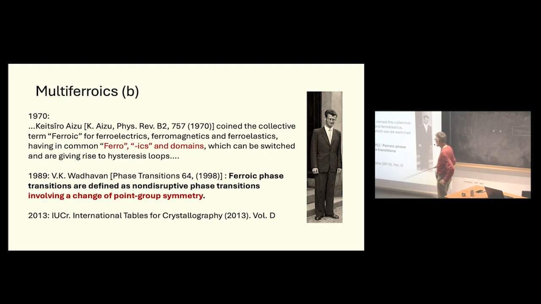He was basically saying that ferroic phase transitions are defined as non-disruptive phase transitions involving change of point group symmetry. If you take this standpoint, so basically any point group symmetry lowering, one of these 212, is sort of ferroic phase transition. And this was actually adapted in 2013 in the International Tables of Crystallography as a definition.